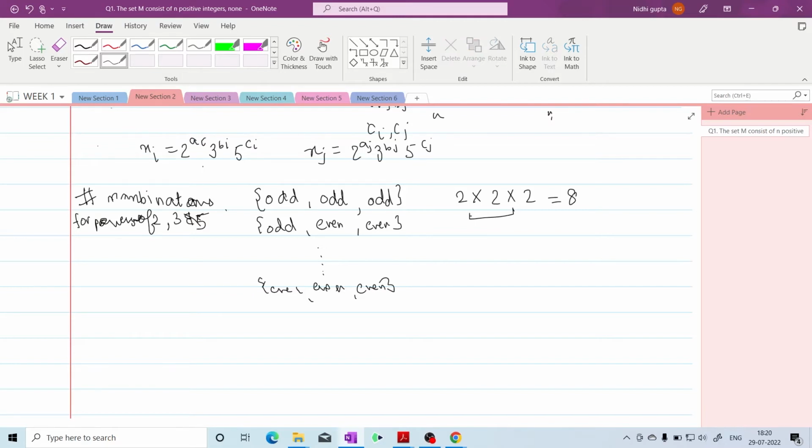So for our problem we have 8 boxes and we want 2 integers to go in the same box.